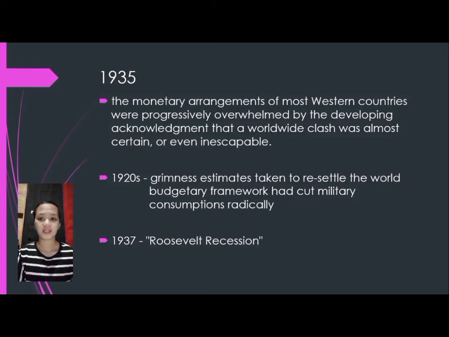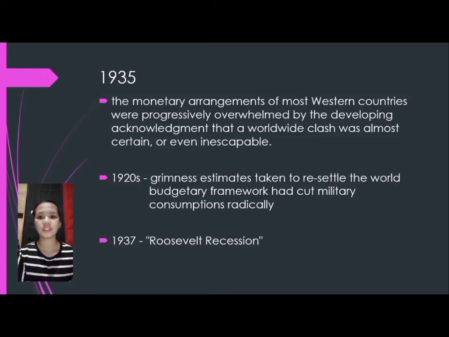By 1935, the monetary arrangements of most Western countries were progressively overwhelmed by the growing realization that a global conflict was almost probable, if not inevitable.